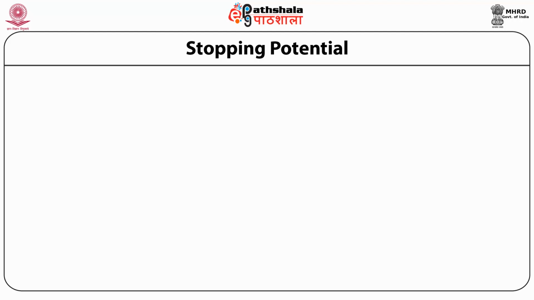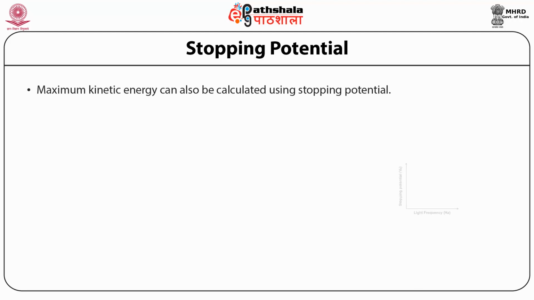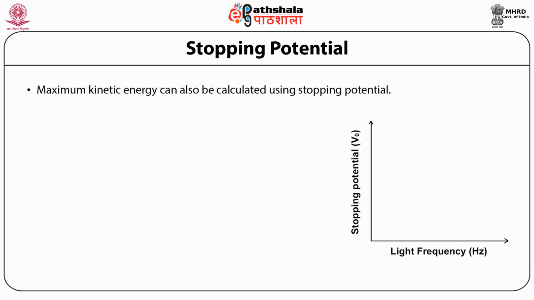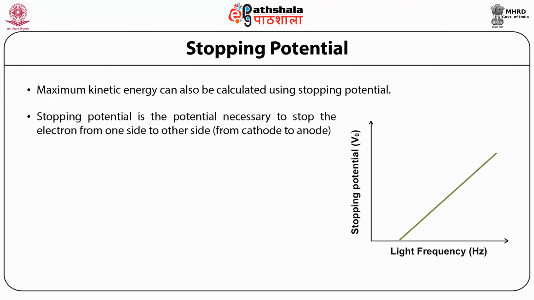Now, the stopping potential. Maximum kinetic energy can also be calculated using stopping potential. Stopping potential is the potential necessary to stop the electron from going from one side to the other, that is, from cathode to anode, or we can say it is the voltage required to completely balance the kinetic energy of electrons ejected from a material surface.